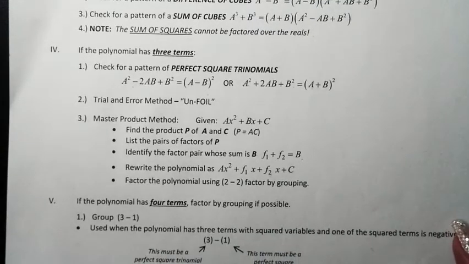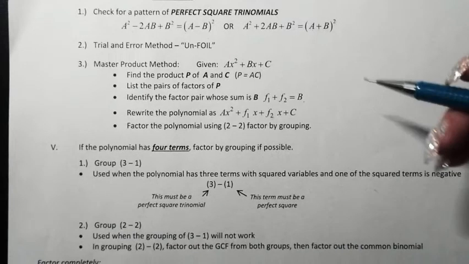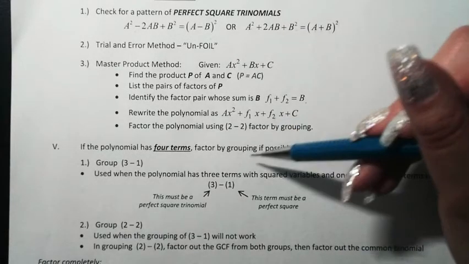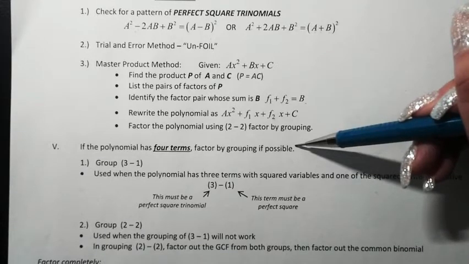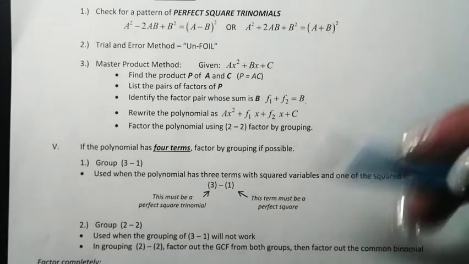Okay. My fifth recommendation is if the polynomial has four terms, the ideal situation is that you factor by grouping. If you have one group that is 3 and 1, you use this when the polynomial has three terms with the squared variables and one of the squared terms is negative. This is the style.